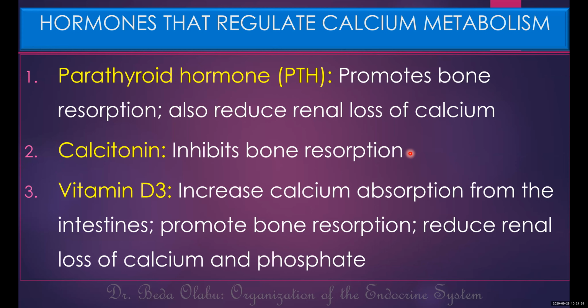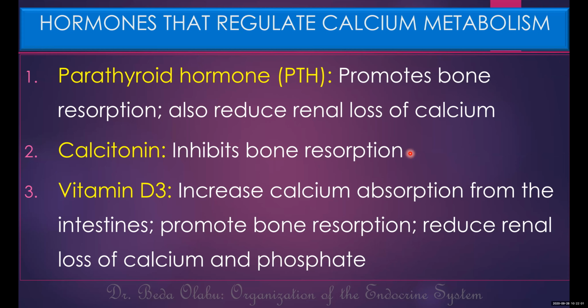The third hormone that affects metabolism of calcium is vitamin D. Vitamin D increases absorption of calcium from the GIT. Through that mechanism, it will elevate the levels of serum calcium.